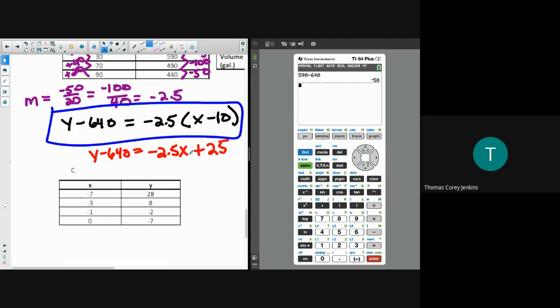Now I'm going to add 640 to both sides to get y equals negative 2.5x. Let's go through that math real quick. Negative 2.5 times negative 10 gave me the 25, and then I add 640 to move that over, so 25 plus 640 gives me 665.